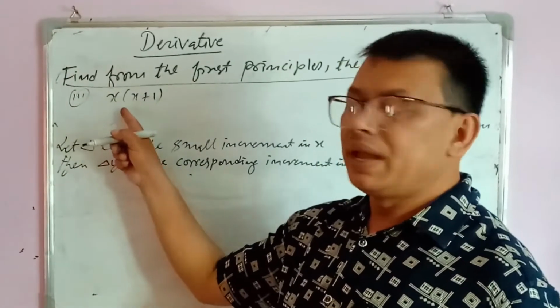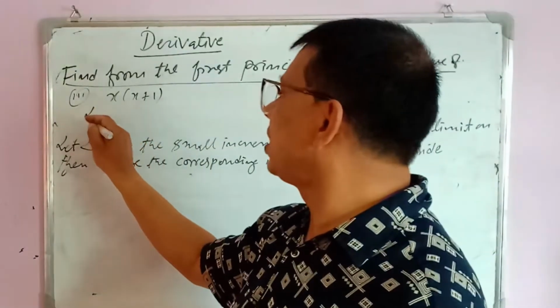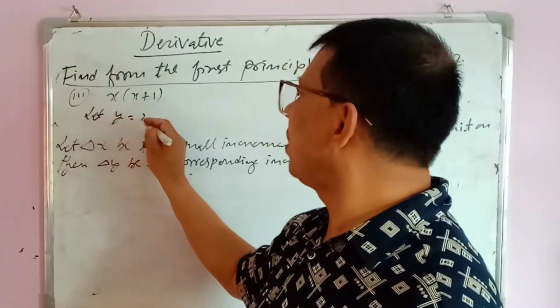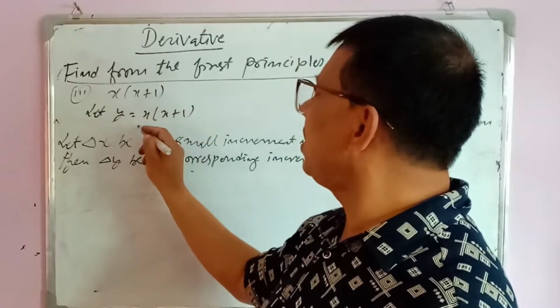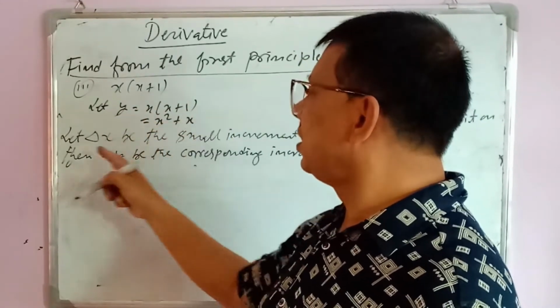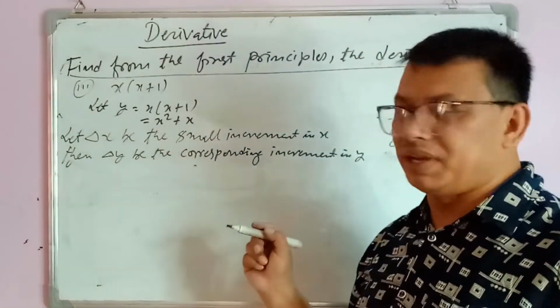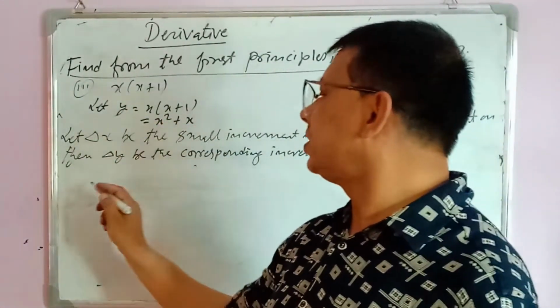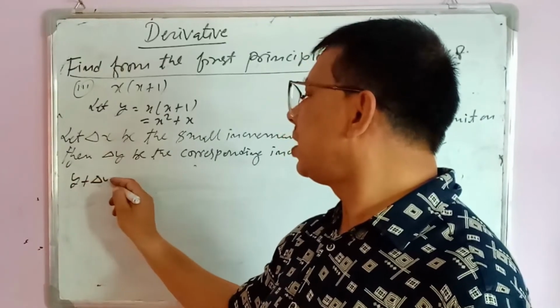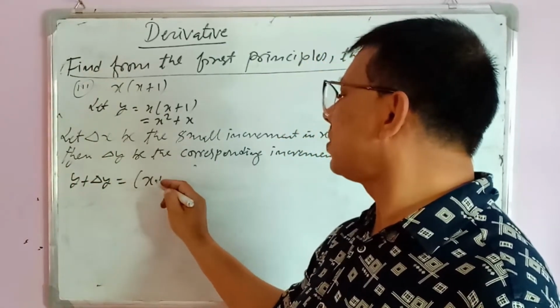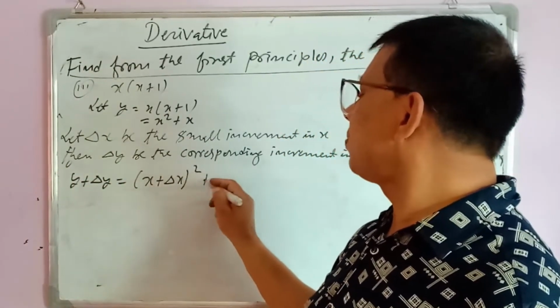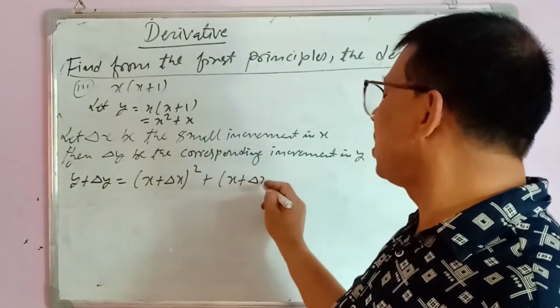Question number 3, x bracket x plus 1. So let y equal to x times x plus 1, which is x square plus x. Let delta x be the small increment in x, then delta y be the corresponding increment in y. Same as before, y plus delta y equal to x plus delta x whole square plus x plus delta x.